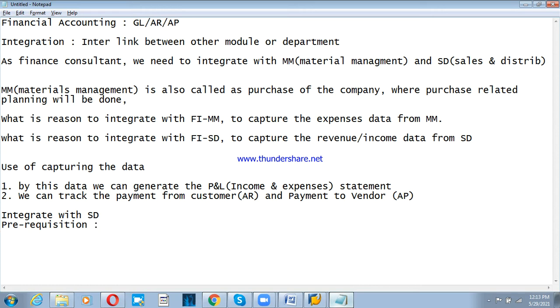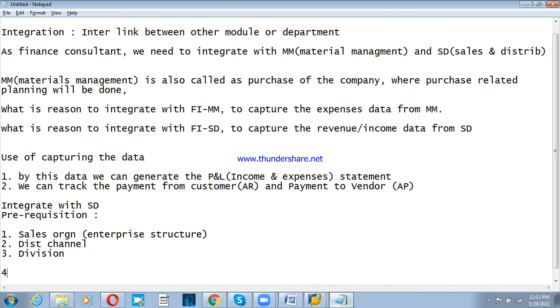First one, we require sales organization that we already created under enterprise structure, right? Hope you remember. Then distribution channel, which we also created under enterprise structure. Division also we created.